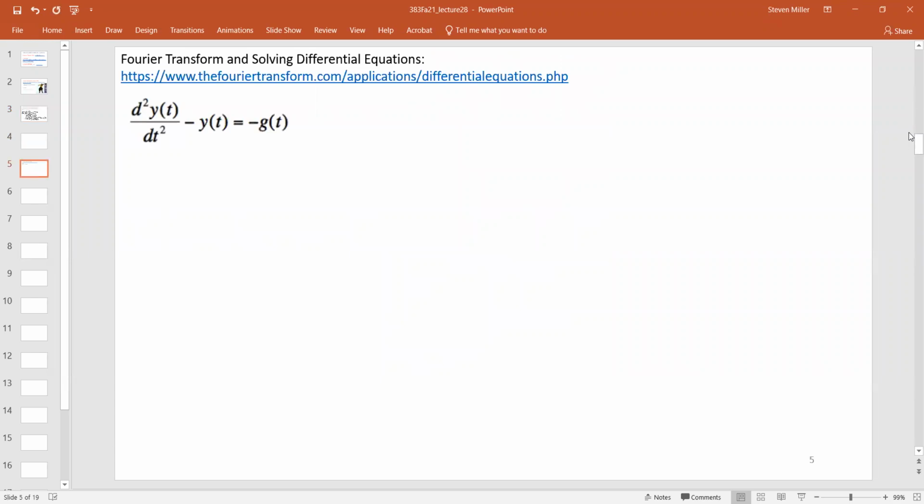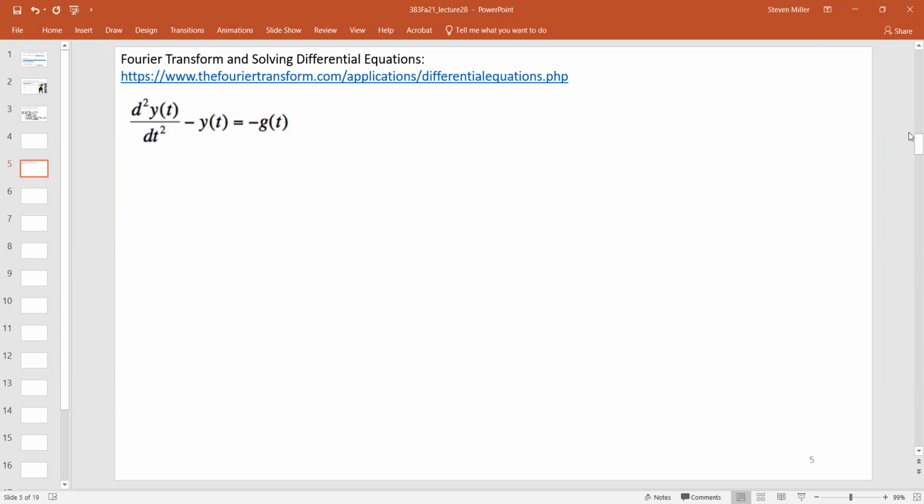Let's say we have the second derivative of y with respect to t minus y of t is equal to negative g of t. I just want to make sure I'm using the same example that's online. Yes, okay. So this is a nice differential equation. Does anybody remember how to solve differential equations like this?